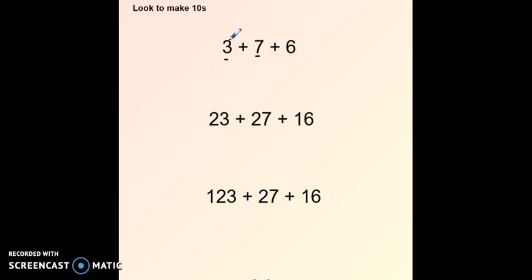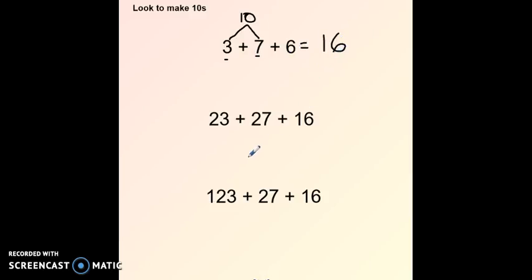So what I'm going to do is I'm going to put them together using a number bond and write the total above it. 3 plus 7 gives me 10. Now I can very easily add my 10 to my 6 in my head. 10 plus 6 will give me 16. So my total here is 16.